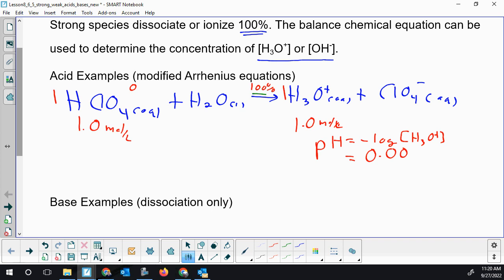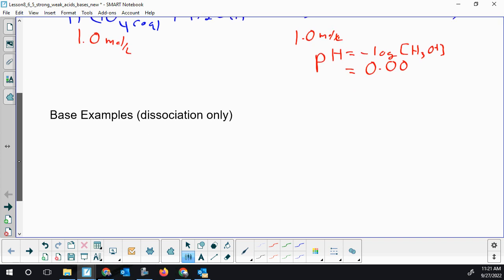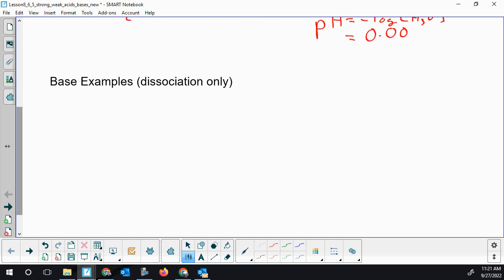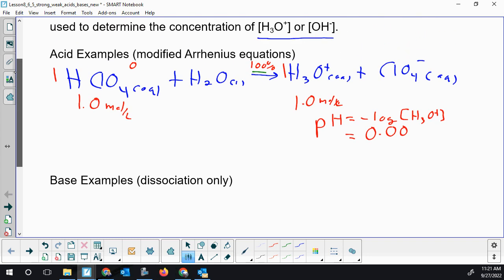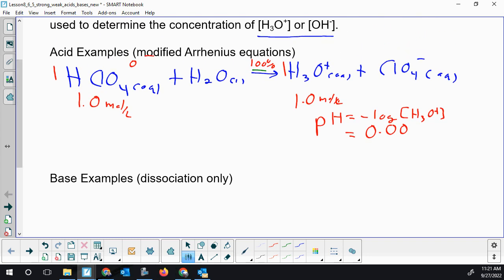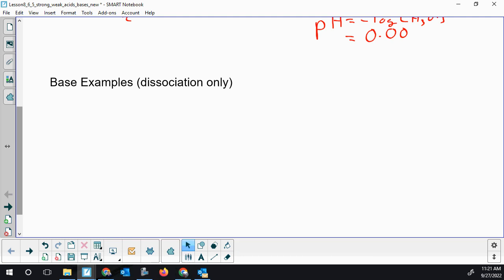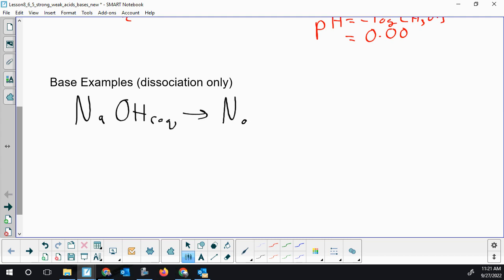Okay. Now we can do the same type of things with bases, or realize the same theory. Now we don't have any modified with strong bases. So I did a modified equation with water, but strong bases just dissociate. So if you have sodium hydroxide, you put that into water, or it's in water, it's going to 100% dissociate.